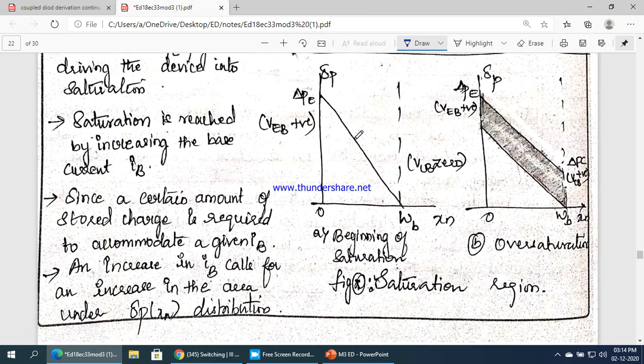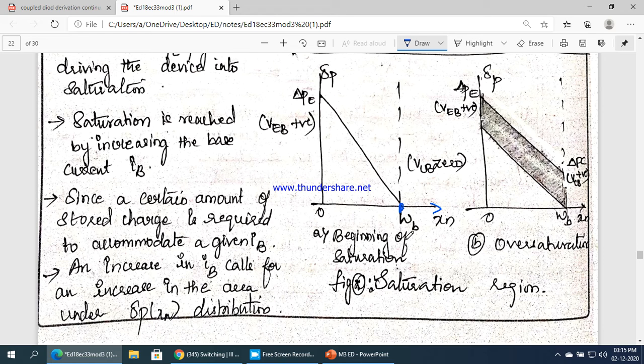That is the beginning of the saturation region. Here is the width of the base, and here the charge distribution on the x axis. The saturation region begins when the collector junction reaches zero potential.